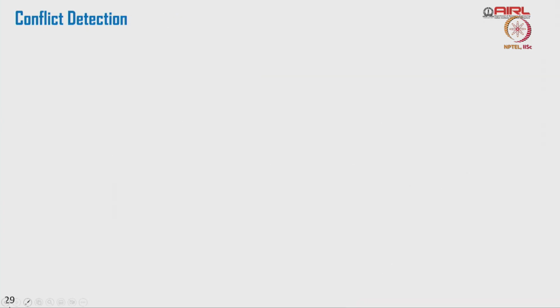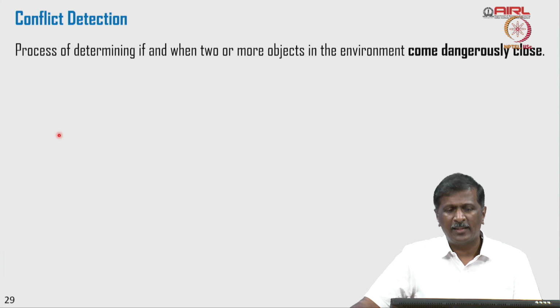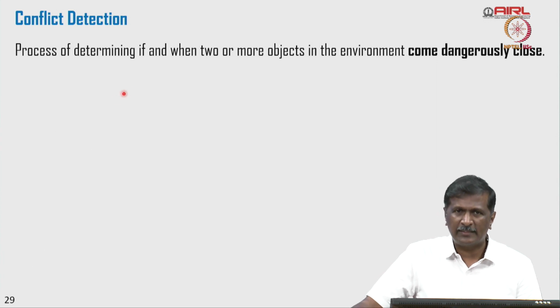Okay. Now conflict, right? What is conflict? I need to process whatever objects I have detected, whatever geometry I have detected. With that, I need to process to identify whether 2 or more objects present in the environment can come dangerously close, right?